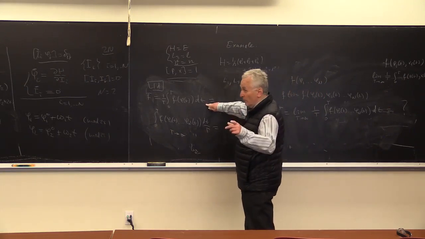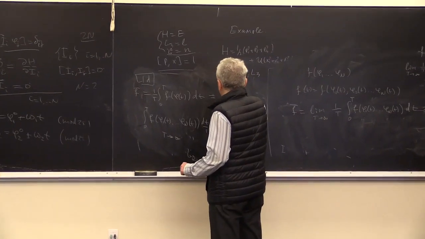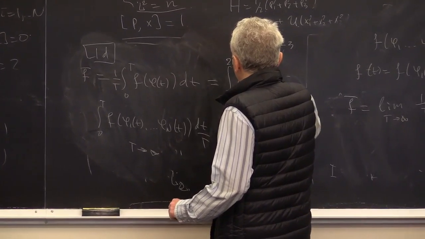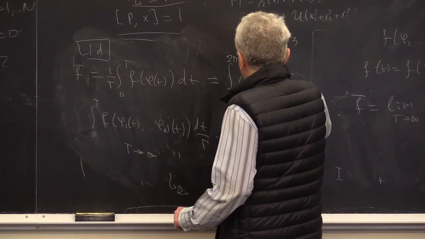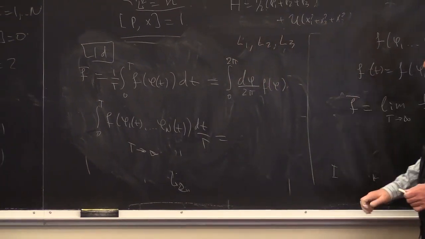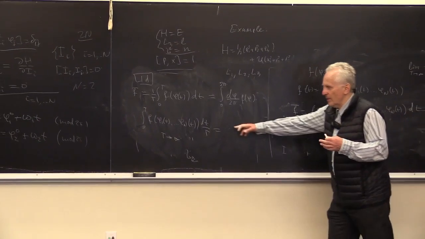Here you gave absolutely correct answer, namely, it's simply the integral d phi divided by 2 pi, f of phi, and now you have to give the multidimensional analog.